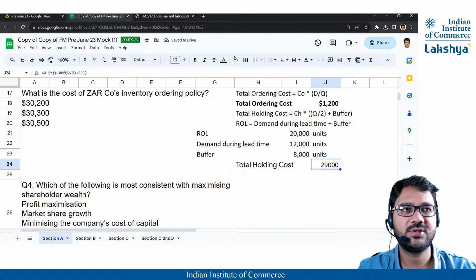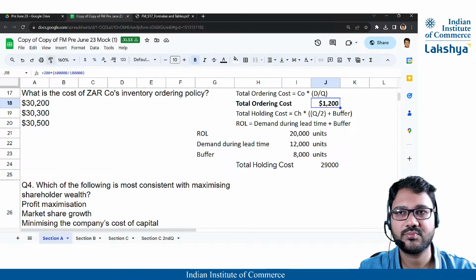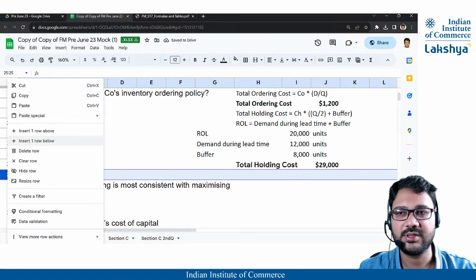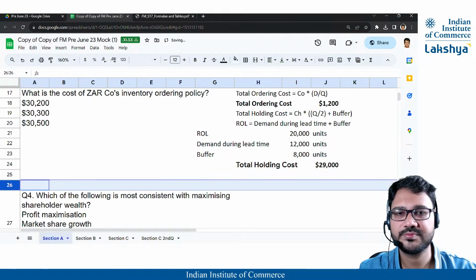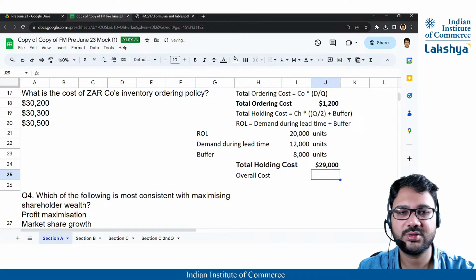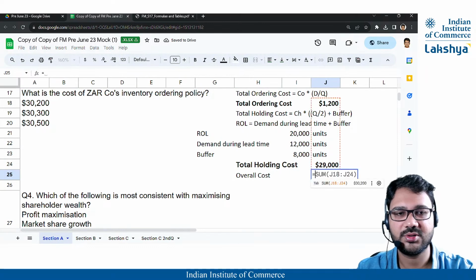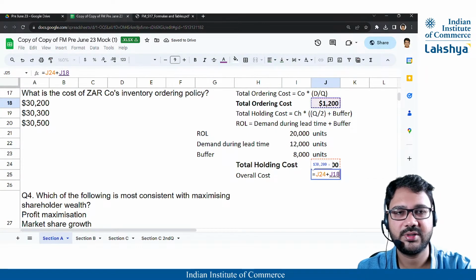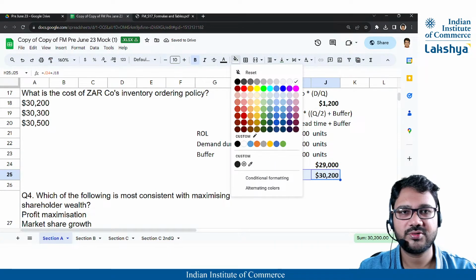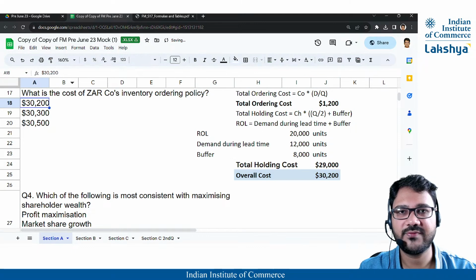So $29,000 is our total holding cost. Therefore, our total cost will be the summation of the two. Overall cost is equal to this plus this. That's 30,200. So this will be our final answer, 30,200.